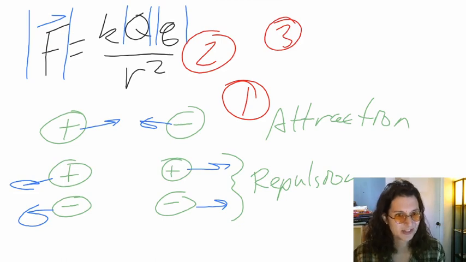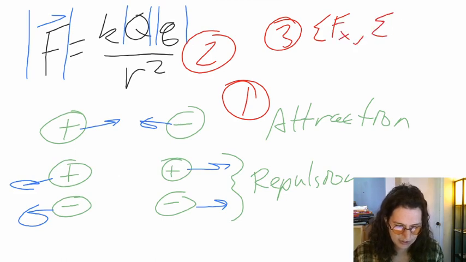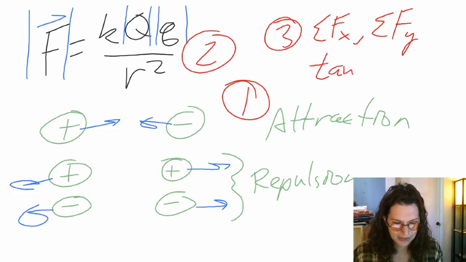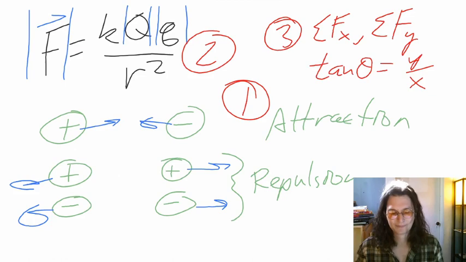So in summing up several forces on a single particle, you have to sum the forces in the x and sum the forces in the y. Then if you need to find an angle for a force, you'd have tangent of theta equal to the net y force over the net x force. Great, so that's going to be our approach.